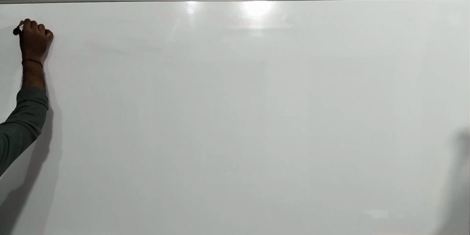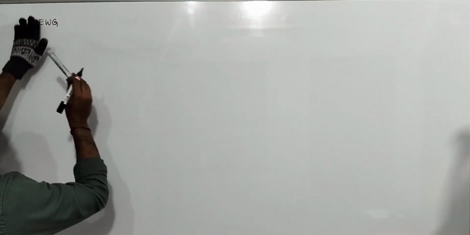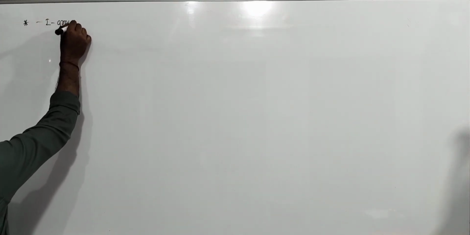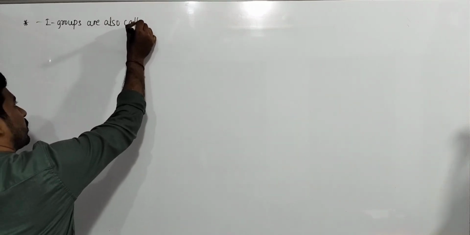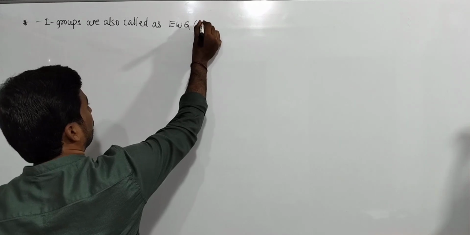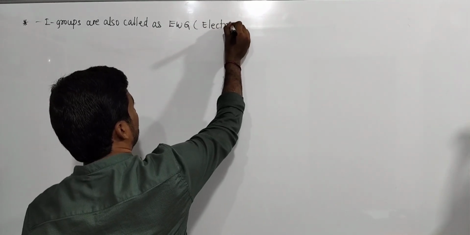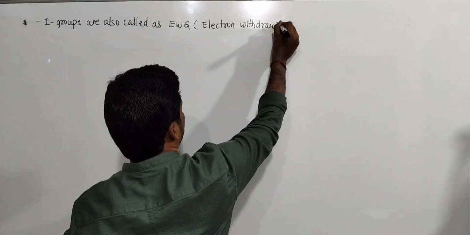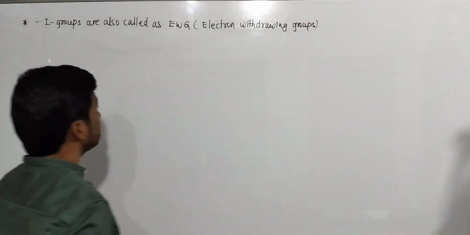Same point: electron withdrawing groups, minus I groups. Minus I groups are also called electron withdrawing groups.